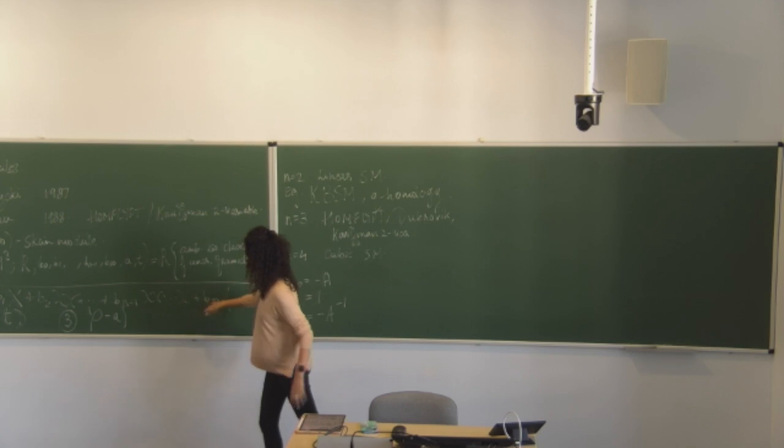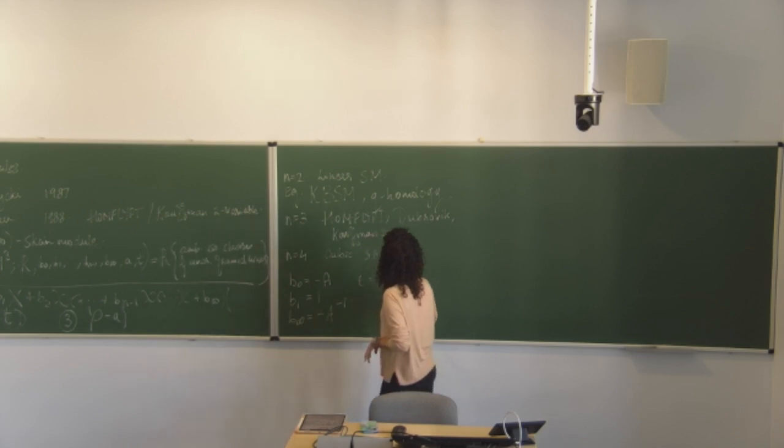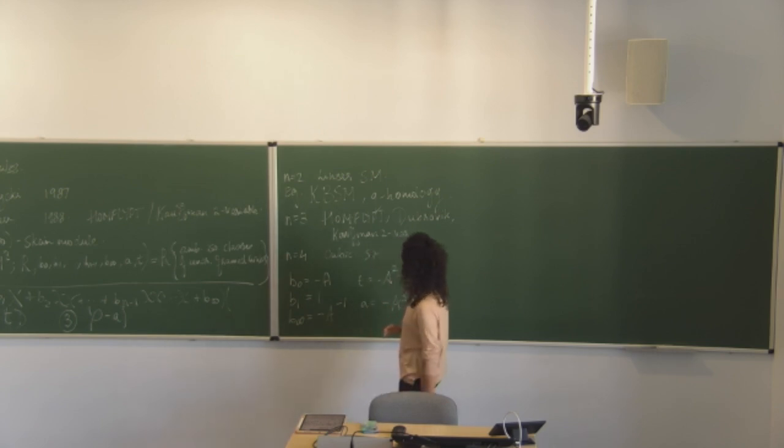Everything else should be 0. See, all the other b_i's are 0. t should be minus a squared minus a to the minus 2. And a should be minus a cubed.